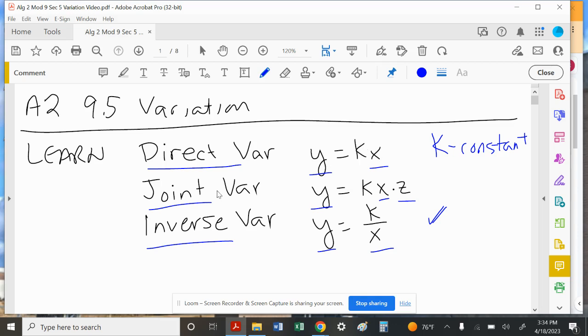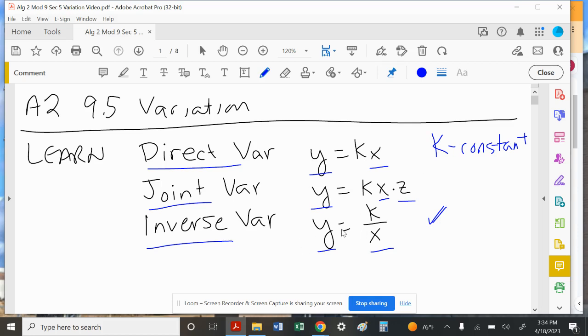Joint variation just means that instead of just having two variables, y and x, we have a third variable that we've introduced. And so y depends on what's happening with x and z. If x is going up and z is going down, y is kind of staying the same depending on how much they're going up and going down. If both are going up, then y is going to go up faster, and so on.